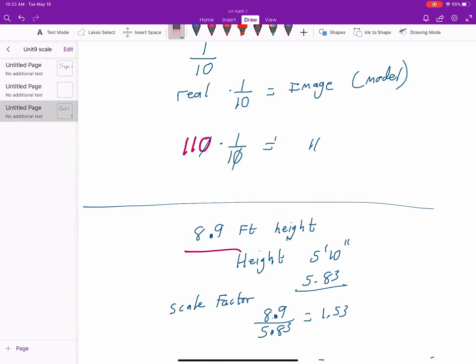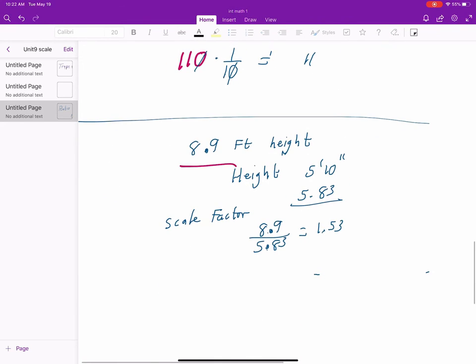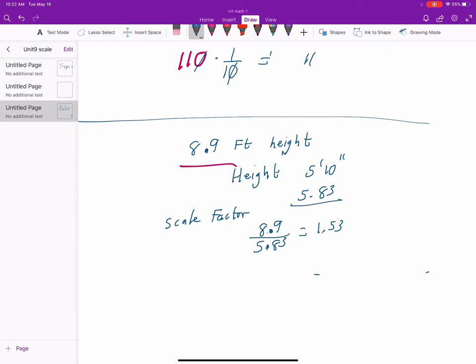All right. So now, how can I use that? Well, now that I know what the scale factor is between us, I should be able to figure out anything I want. So for example, say my shoulders across, and I measured that, which I did actually, it was a little over 20, I think.